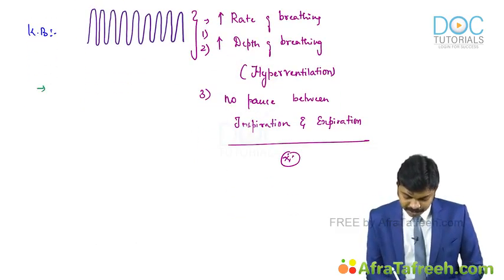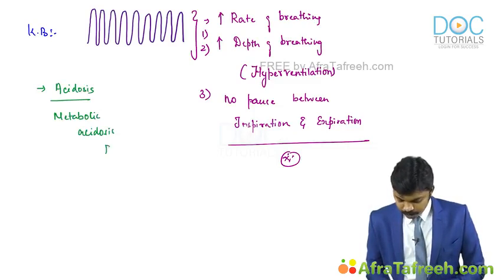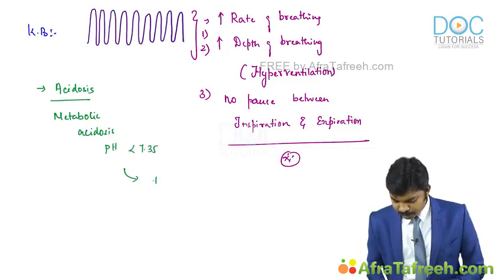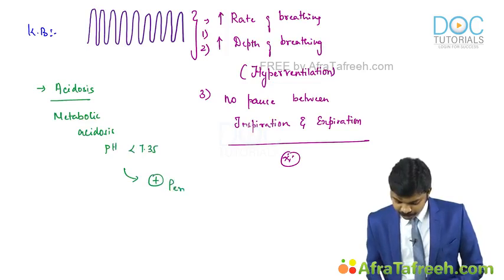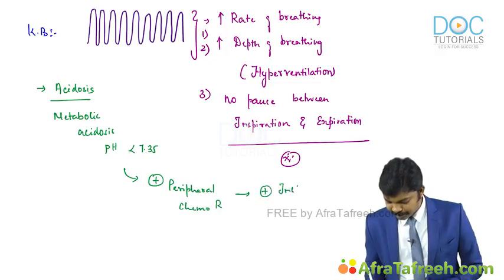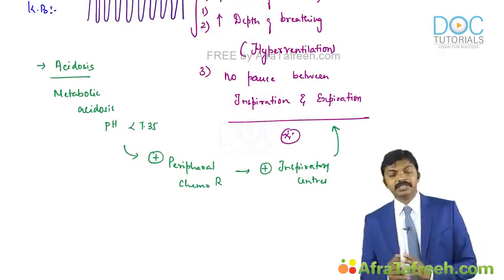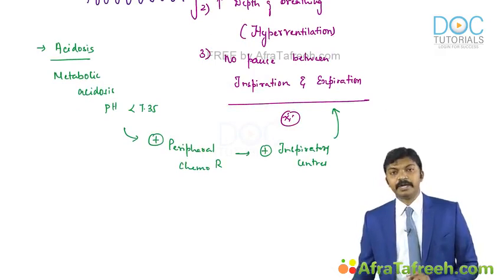In acidosis, especially metabolic acidosis with pH less than 7.35, there is activation of peripheral chemoreceptors, and this triggers the inspiratory centers leading to Kussmaul's breathing. So, it is all due to acidosis-induced hyperventilation.